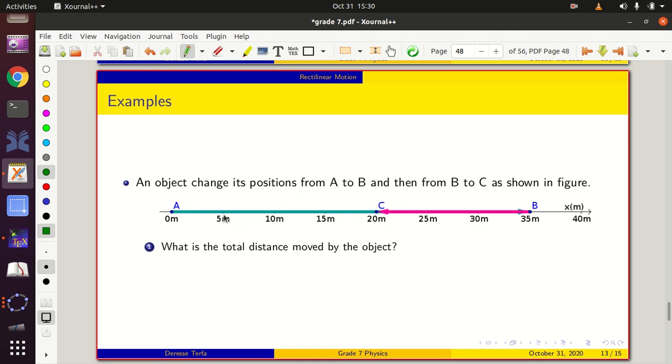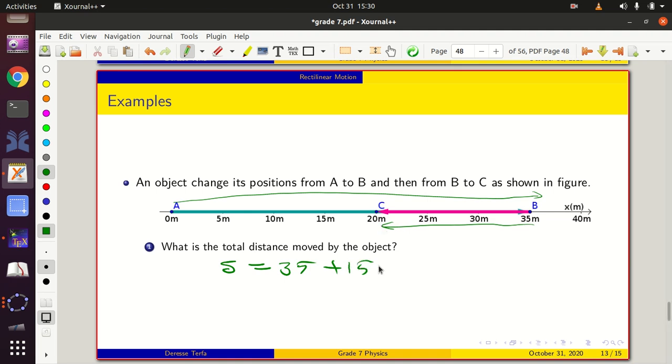Distance is the total path length of a journey. Therefore, distance moved from A to B is 35. From B to C, it is 35 minus 20, which is 15 meter, so the total is 50 meter.